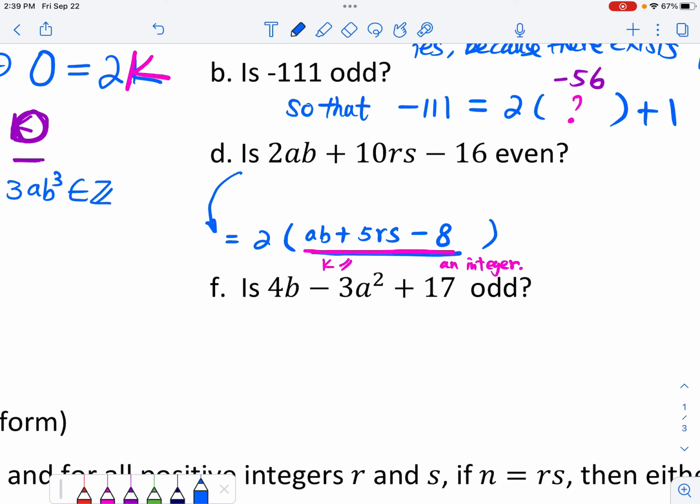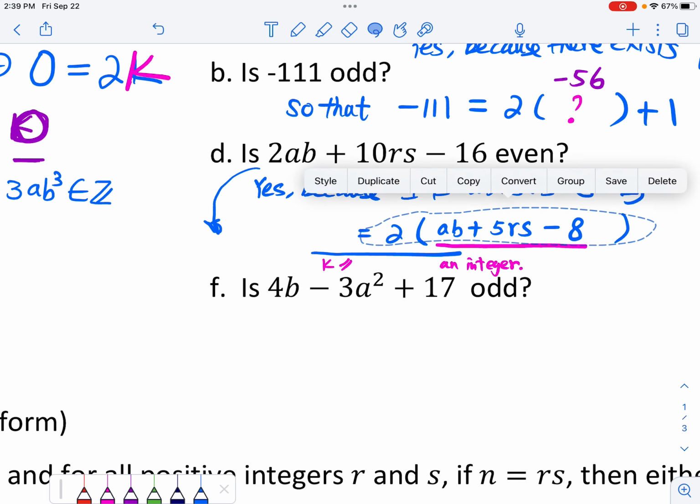So I will say yes, because we can find k, right? There exists k equals ab plus 5rs minus 8 such that this whole thing is equal to 2 times k.